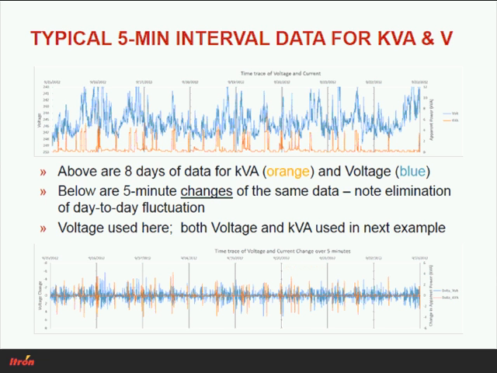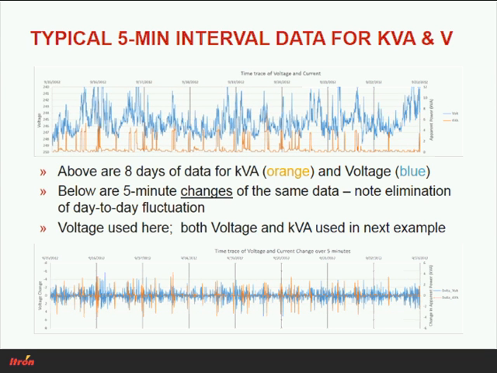Here is a typical trace of 5-minute interval data, and on the top graph you see in blue the actual voltage over a period of about a week, and on the bottom the orange line are corresponding kVA values. The voltage is actually upside down simply because it tends to be, by and large, counter-cyclical to the kVA, so that you can see some of the regularities.